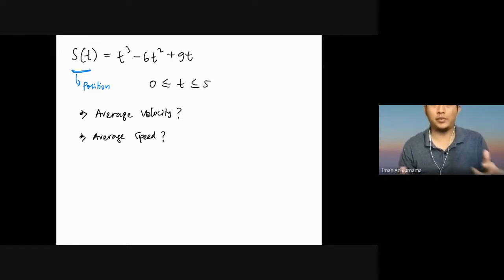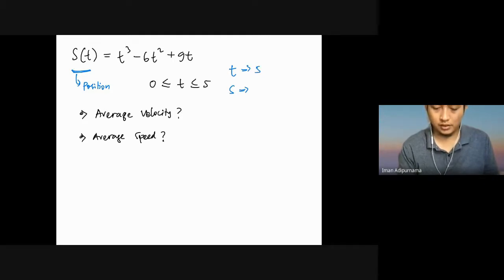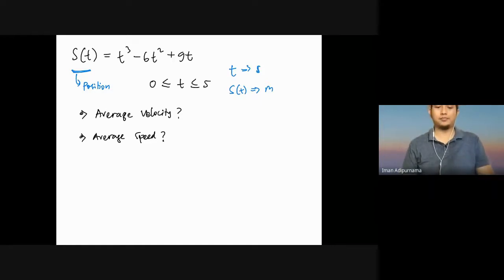T is in seconds and S is in meters. If you remember, you can maybe try to solve and find the average velocity and average speed.